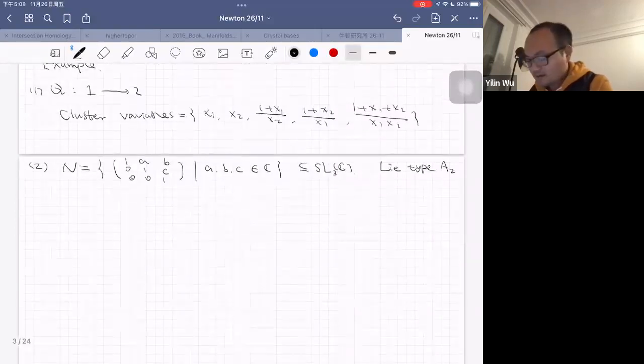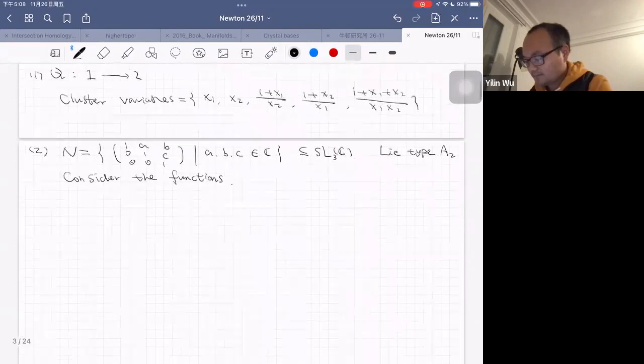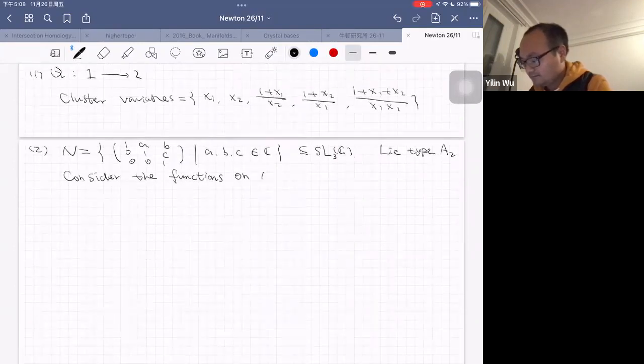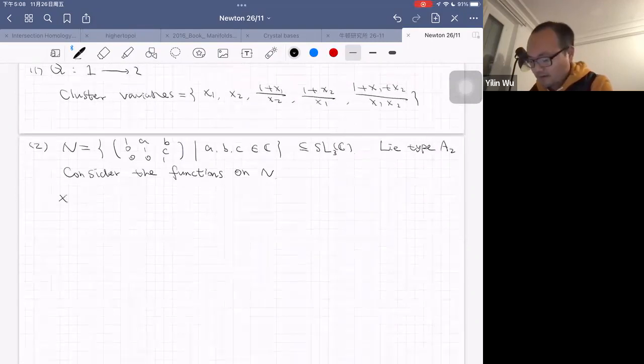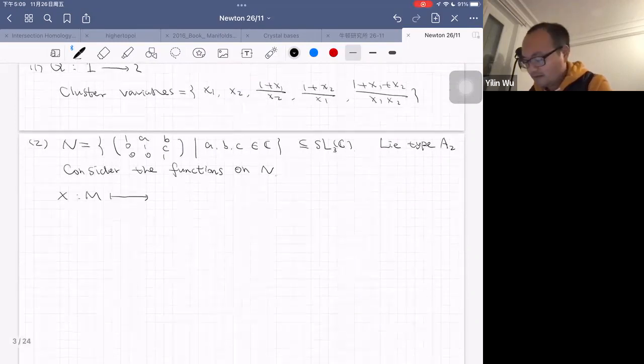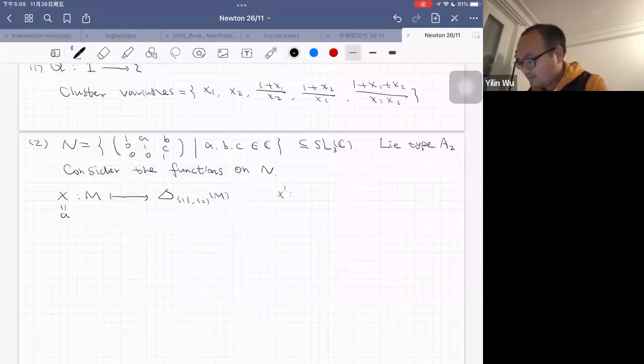Consider the following functions on N. First, x takes a matrix M to this determinant, so x is just equal to A, and x prime takes M to the determinant at 1, 2, and 3.